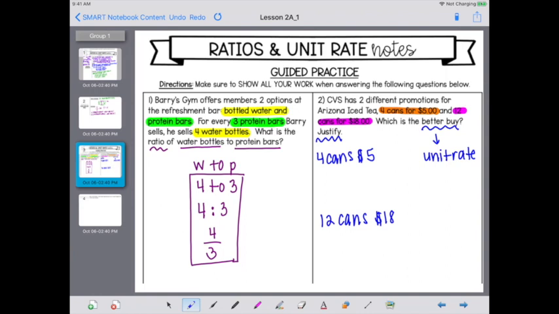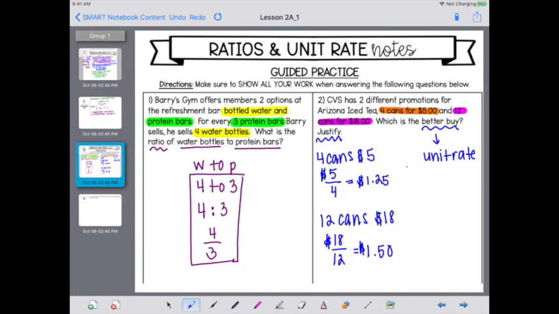I'm going to set mine and find 5 divided by 4. So that means 18 divided by 12. I'm going to get $1.25 per can. And then 18 divided by 12 is $1.50 per can. So your answer here, which is the better buy?